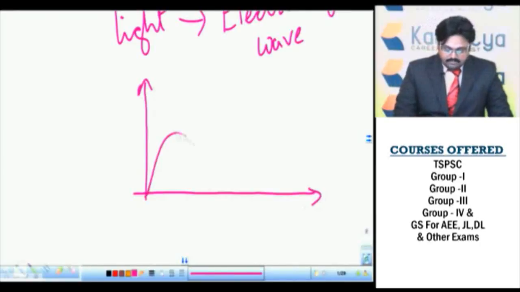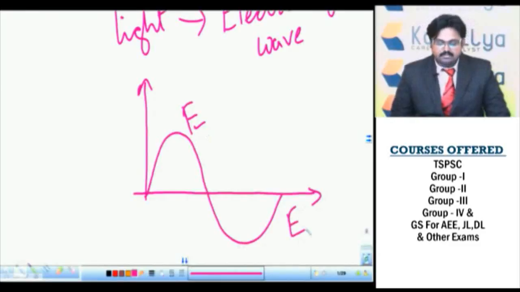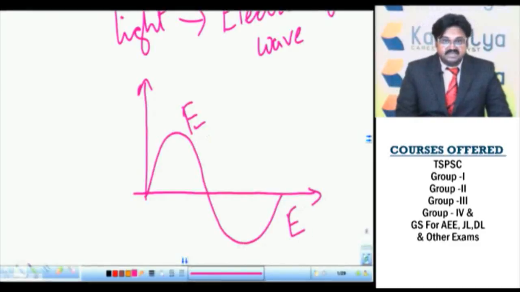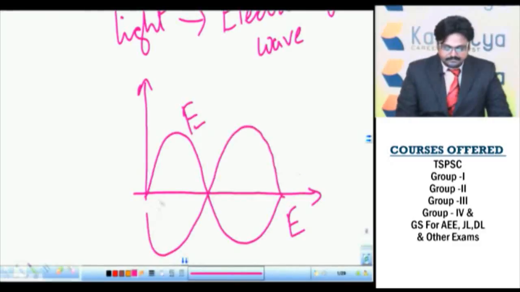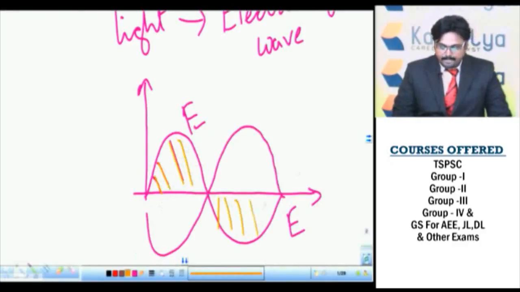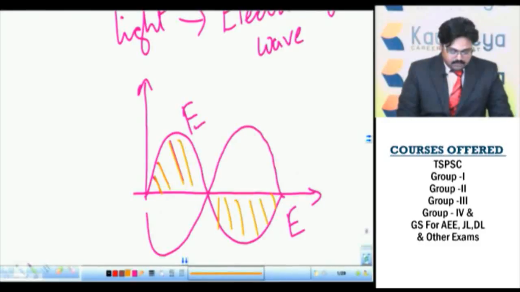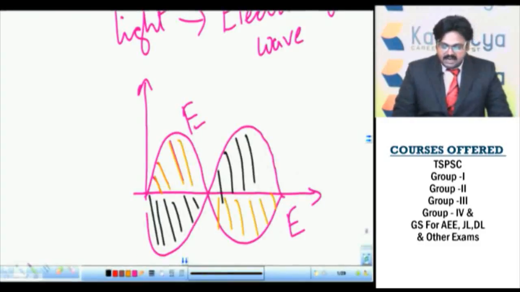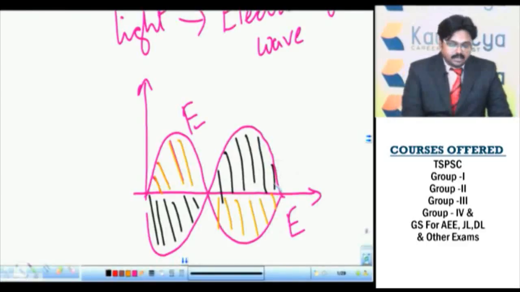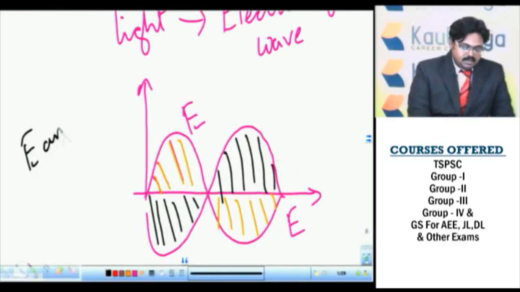Here I have the electrical component, I'll call it E, and perpendicular to this I'll have another component known as B. I'll use different colors for E. So both E and B are perpendicular to each other.